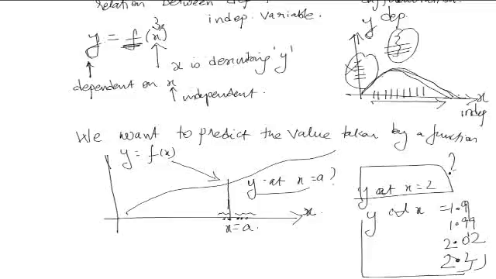I know the y's at these nearby points. Now x equal to 2 lies somewhere in this area, correct? So by knowing all these values, I can predict what is y at x equal to 2. I can say that there is a tendency when I go from here and when I come from here, I almost reach the same value at this point.